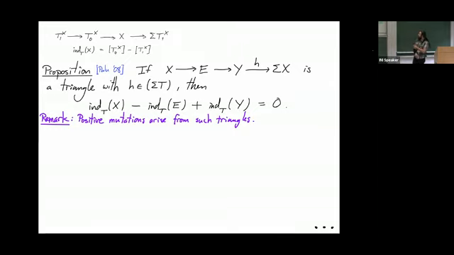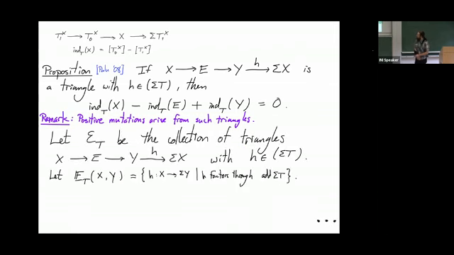And these kinds of triangles arise whenever you do a positive mutation inside your cluster category. So these are natural triangles to look at. So we will, instead of thinking of the whole triangulated structure of the cluster category, restrict to the class of such triangles. So let's give a name to this class.